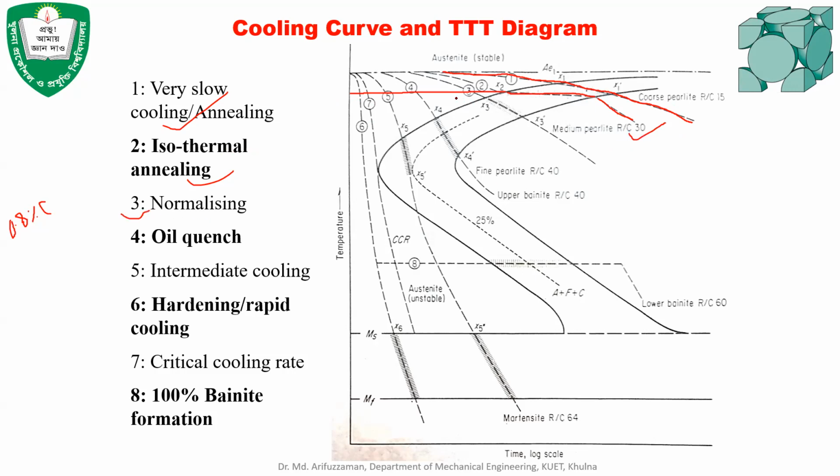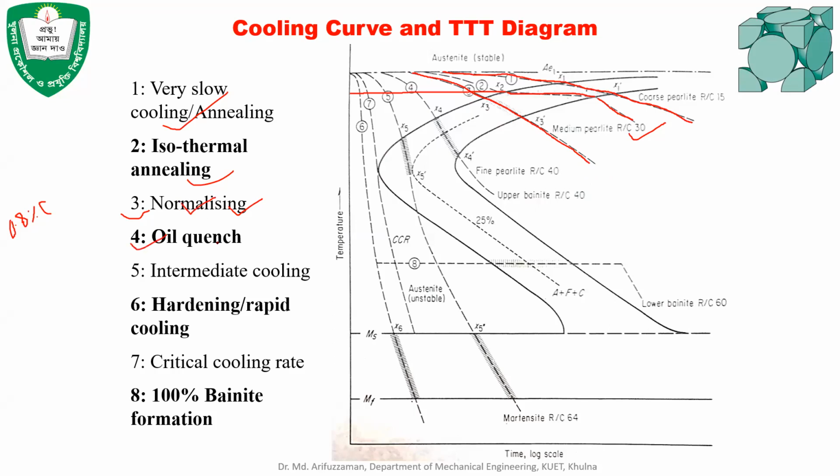Number 3 cooling rate indicates normalizing. In normalizing, you'll have fine perlite, where the perlite plate thickness will be smaller. This resembles normalizing.